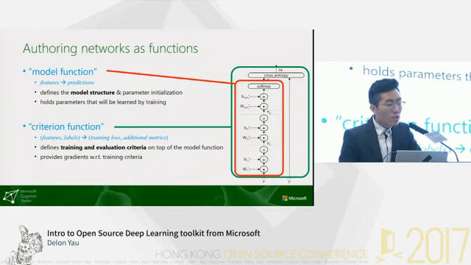The other function is called the criterion function, which defines the training and evaluation criteria, so whether your model is accurate or not on top of the model function. It also provides the gradients with respect to the training criteria. You have to define all of these before you actually run your deep learning model.